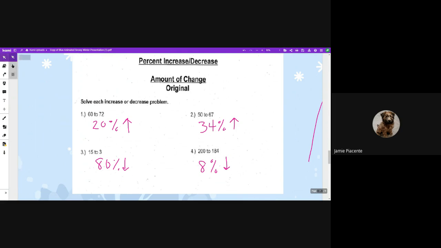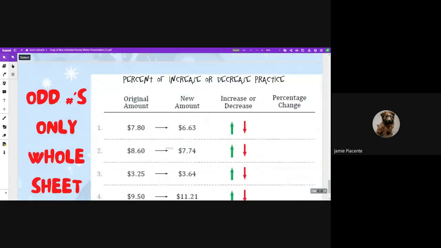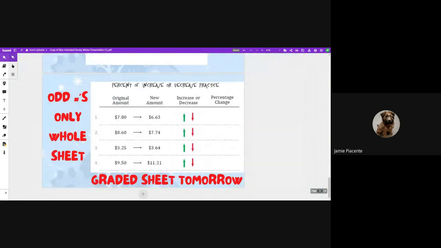So I would like for you right now to turn to page, let me see my packet, 59. Okay, it says percent increase or decrease practice. I would like for you to do this whole sheet, odd numbers only, show all your work in this area here, and then you'll have the graded sheet tomorrow based on this.